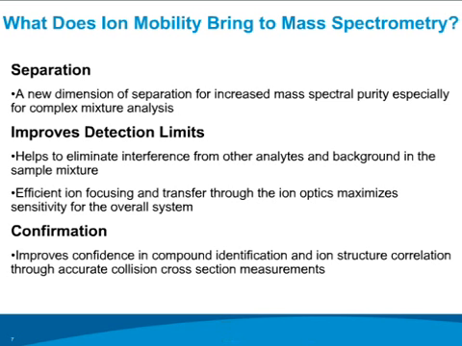Also, through our development using the electrodynamic ion funnels, we have very efficiently transferred ions from the ion source through the entire system into the mass spectrometer and detected them to maintain the overall system sensitivity. Finally, I think mobility brings an additional means for confirmation. The direct and accurate collision cross-section measurements are very useful in helping to identify compounds and to correlate ion structures.